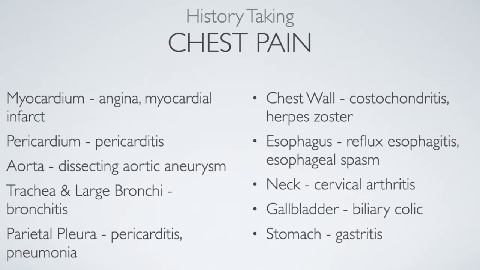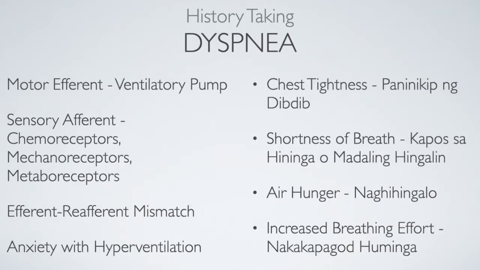And of course, the vagus nerve. The majority of the structures present in the chest are innervated by your vagus nerve. And so understanding the innervation of the vagus nerve is very important to differentiating the different causes of chest pain.